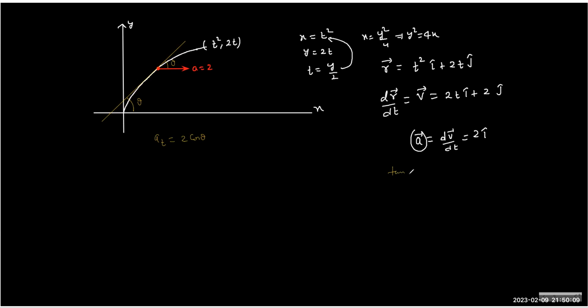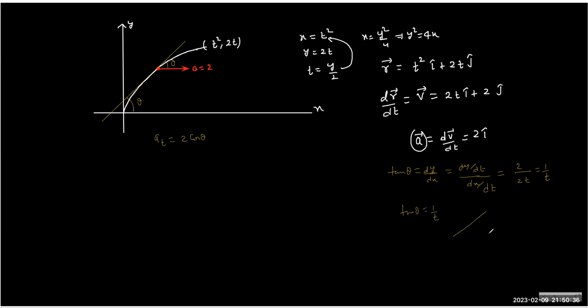Because I know that tan theta is dy by dx, correct? So dy by dx is as good as writing dy by dt upon dx by dt. This is how we solve the parametric differentiation, right? dy by dt is 2, and dx by dt is 2t, so it's 1 by t. And because of that I know tan theta is 1 by t.